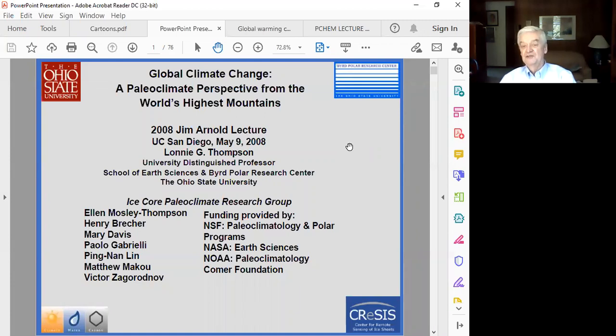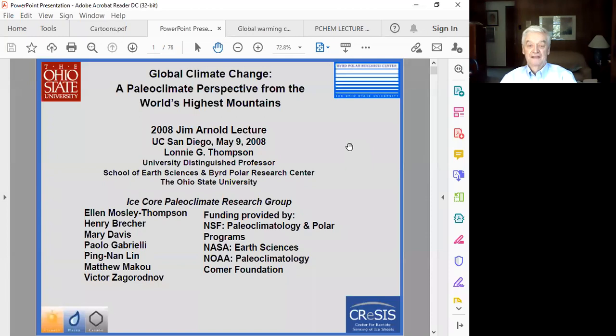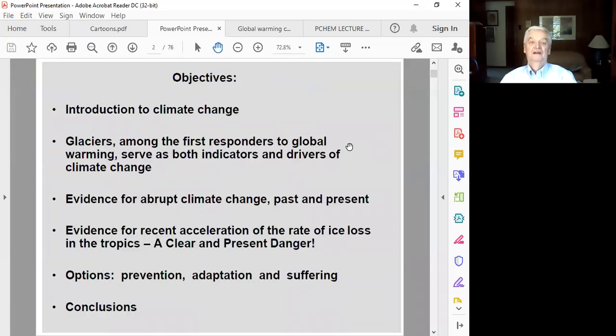They study glaciers. They can look back thousands of years, to see how much carbon dioxide was in the atmosphere at the time, and methane, and lots of other things, as we'll see. Okay, so anyway, this is his talk. He's going to talk about climate change. And let me just mention, climate change is not a political issue.